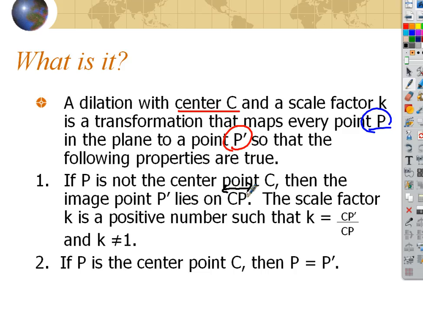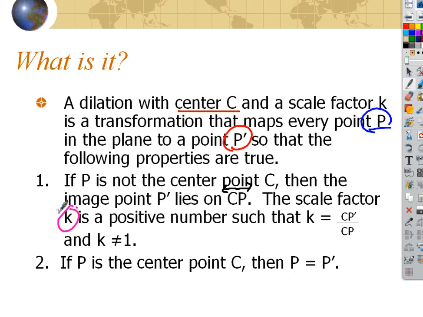We'll also see the scale factor, which we're going to call K. The scale factor K just refers to by what factor the final shape is growing or shrinking relative to the original shape, right? So what would we multiply it by to get the result?